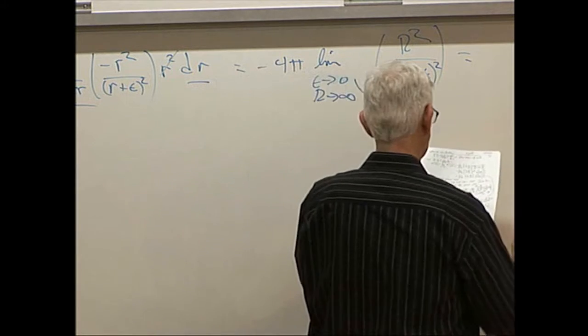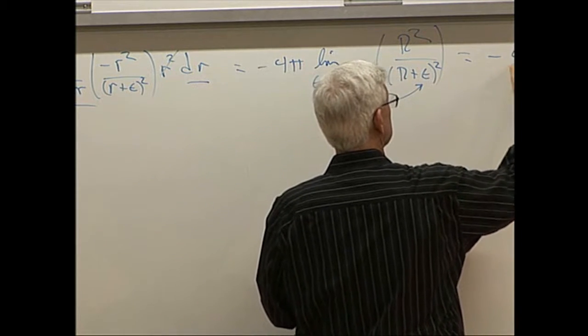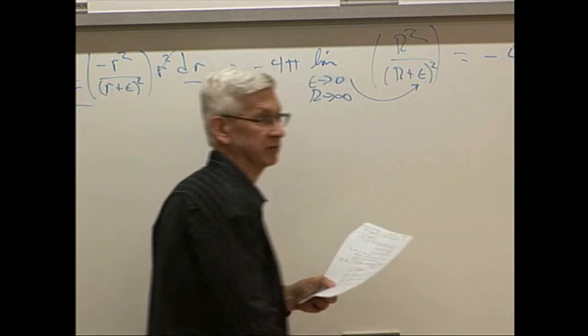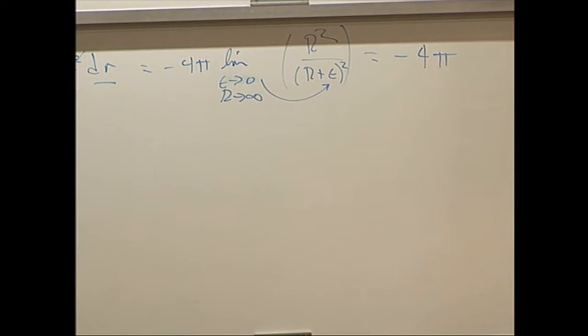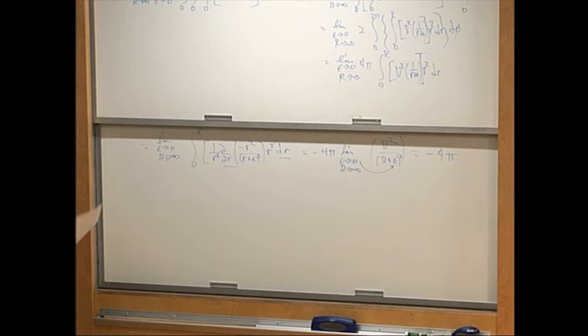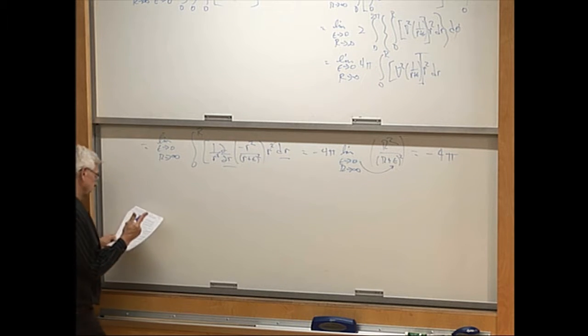So I have that the integral there is a finite value equal to minus 4 pi. Okay, so that just means that if we integrate the Laplacian of 1 over r over infinity, we have a finite value. That's one thing that we need.